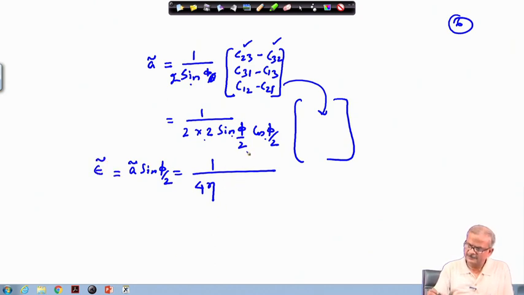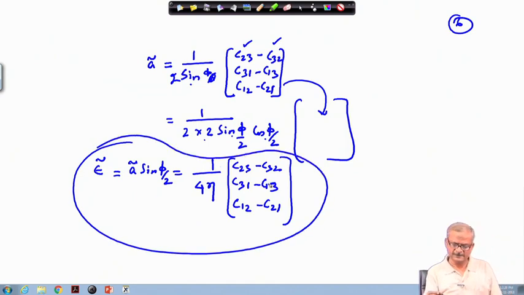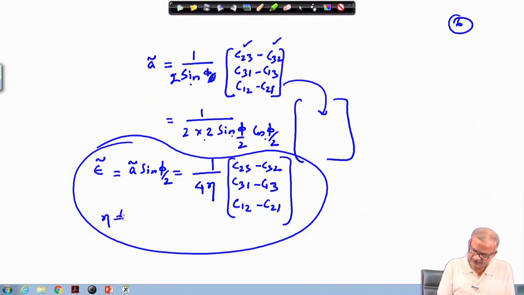So, 1 by 4 eta times the quantity we have written here: C 23 minus C 32, C 31 minus C 13 and C 12 minus C 21. So, this is your epsilon tilde. This way we can go back and forth using these derivations, provided eta is not equal to 0.